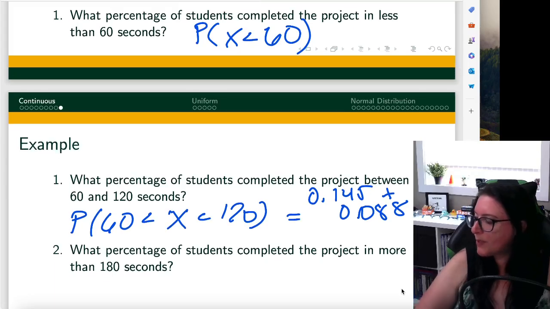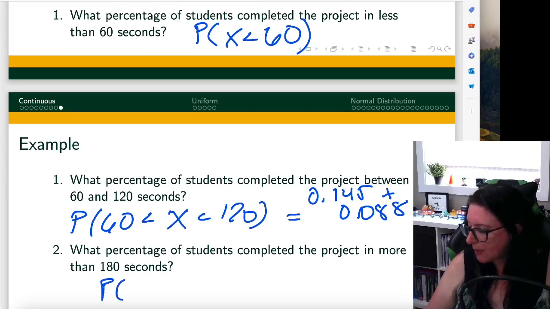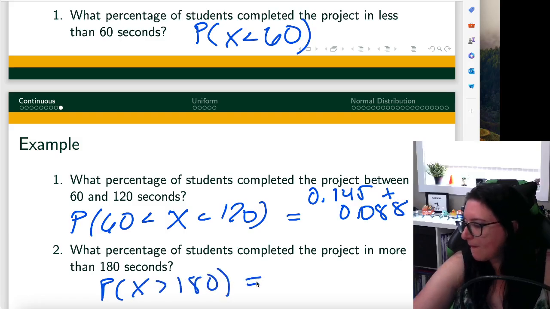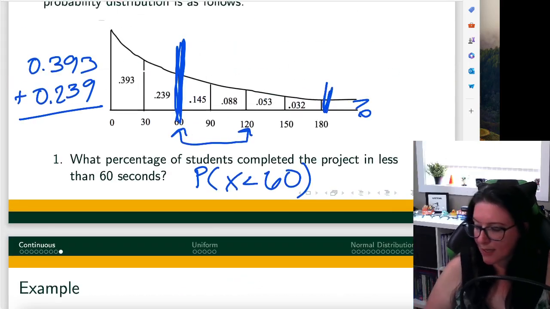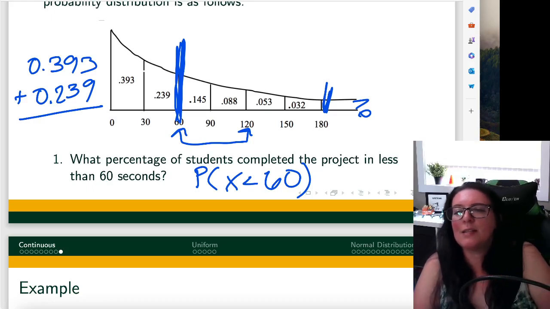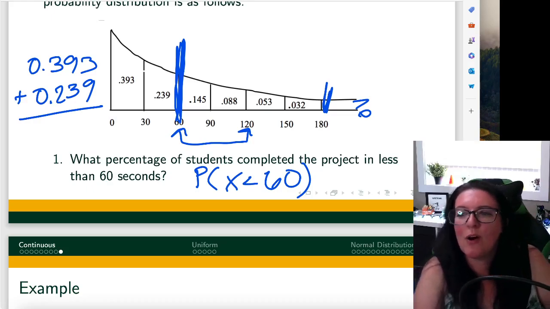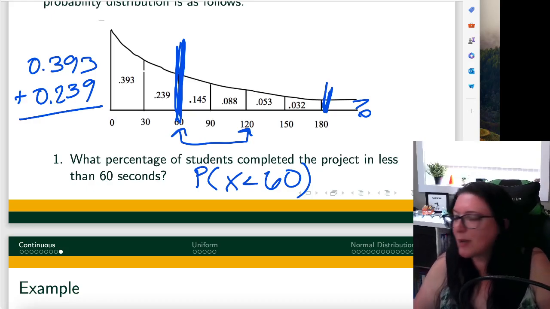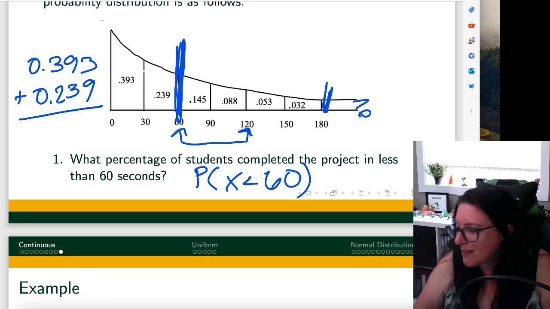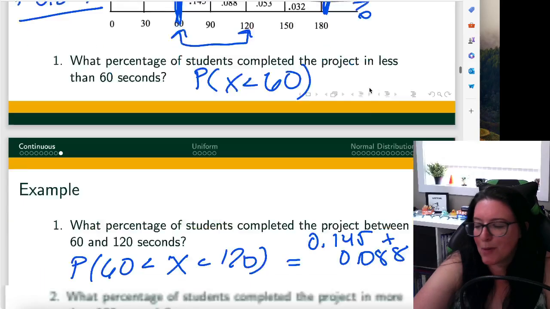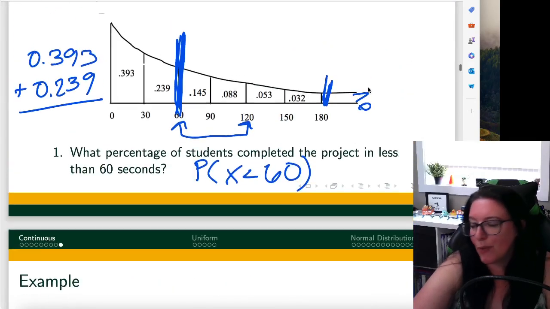What percentage of students completed the project in more than 180 seconds? Here's 180, right? We need to know what is left. In this particular image, we don't have a number listed there, but you could figure out what it is, because we know that 100% is below the curve.